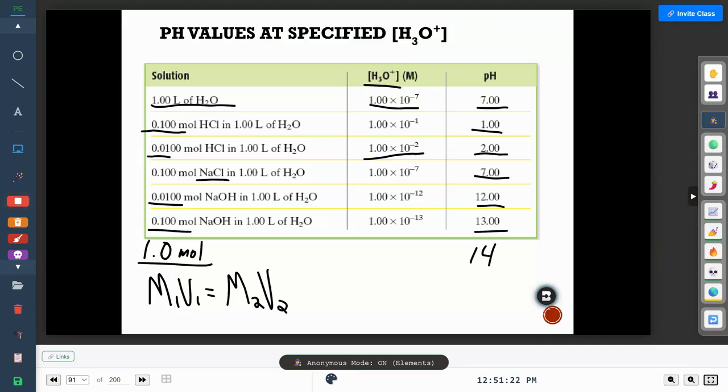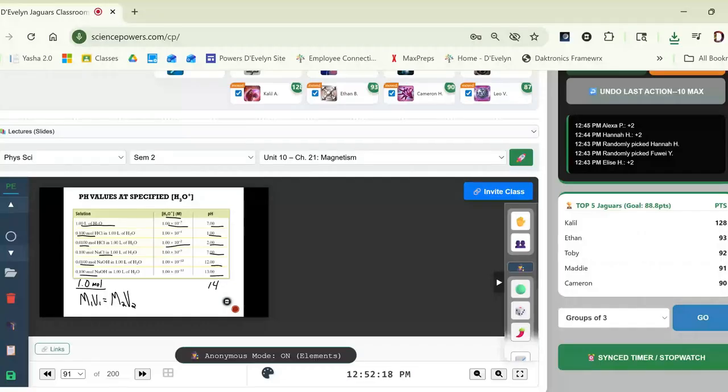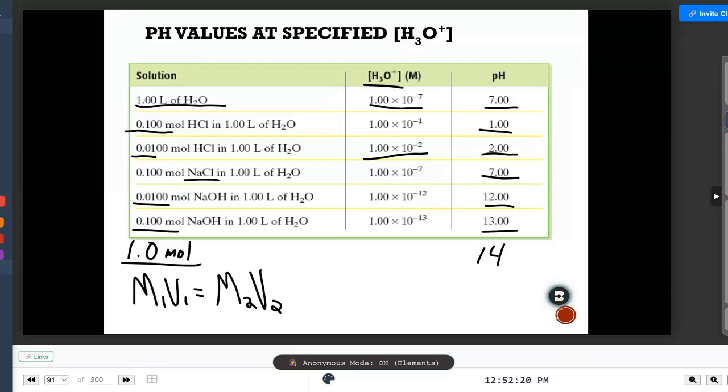The molarity of one times the volume of one is equal to the molarity of the other times the volume of the second one. And so you can make pretty easy calculations with your concentrations, and you're going to be able to see these things changing pretty quickly. Okay, so it doesn't take much to change these concentrations.